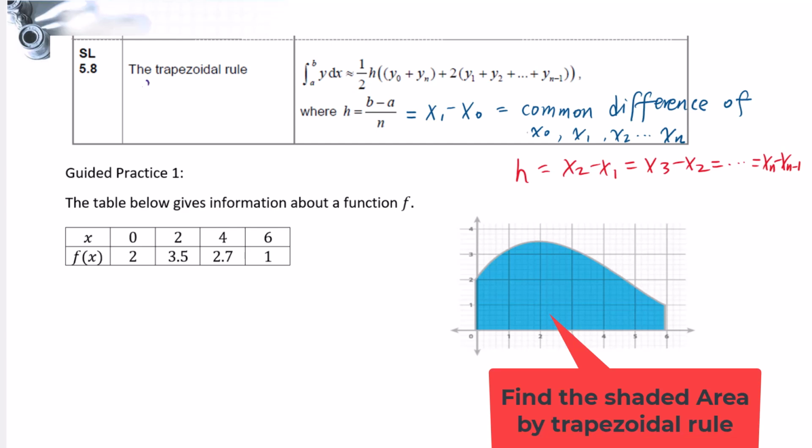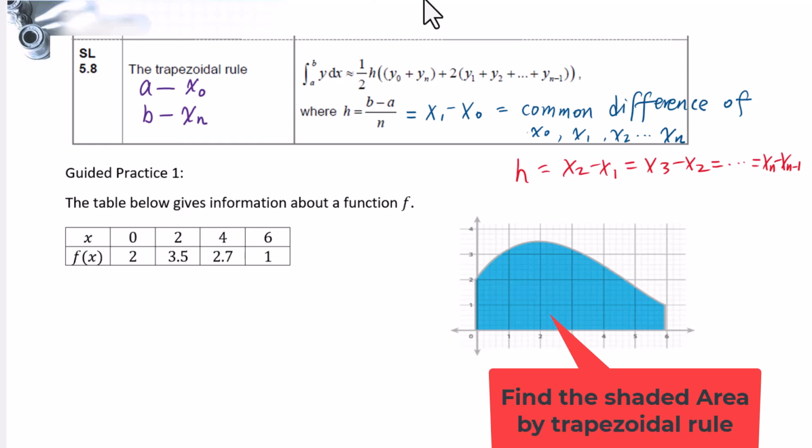Also, the lower bound a equals x0, and the upper bound b equals x sub n. When you use this trapezoidal rule, how you label your table is very critical.